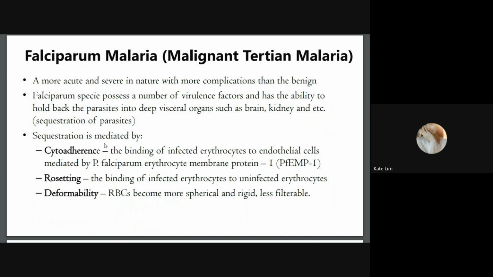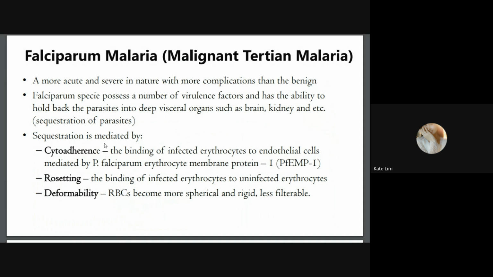So this forms a rosette of cells, and these cells can prevent the infected RBCs from being cleared by the immune system. If there's a rosette of cells, this rosette will not be cleared by the immune system.